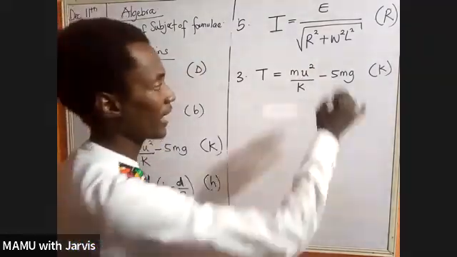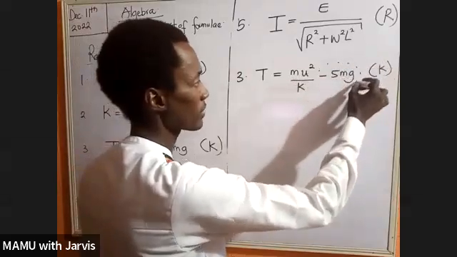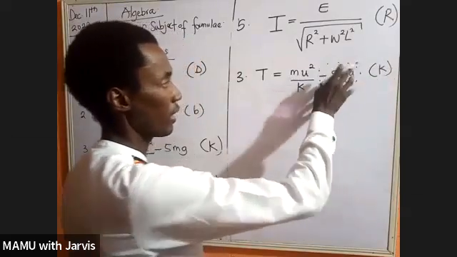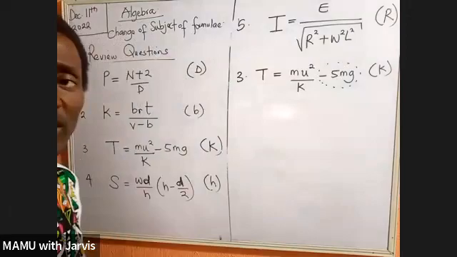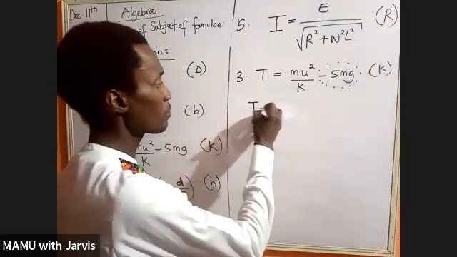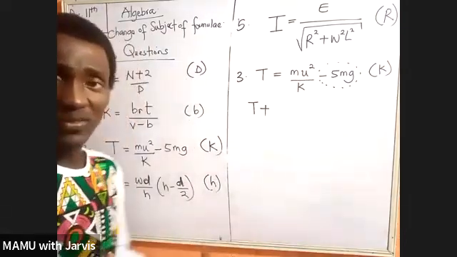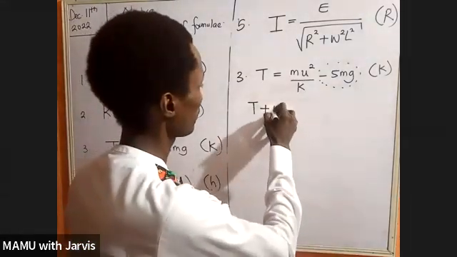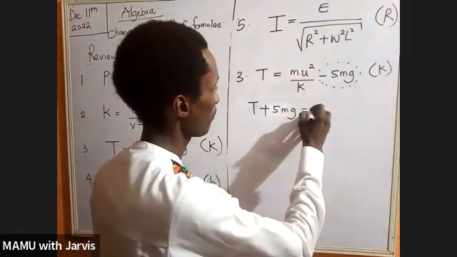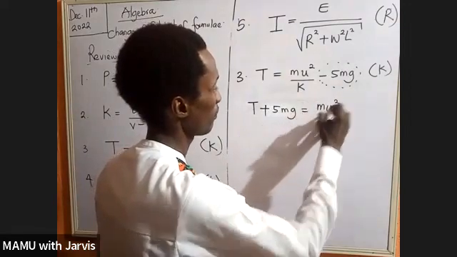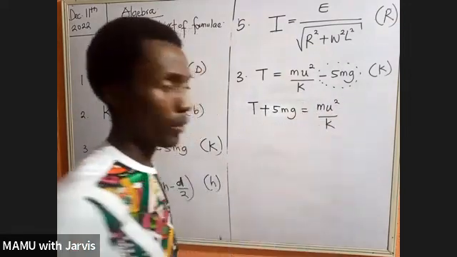So it means that I can actually do away with this part. So I'll move that one first. So that will be T plus 5mg, because it's negative, crossing the equality, I transfer its opposite. Are we seeing that? Mm-hmm.